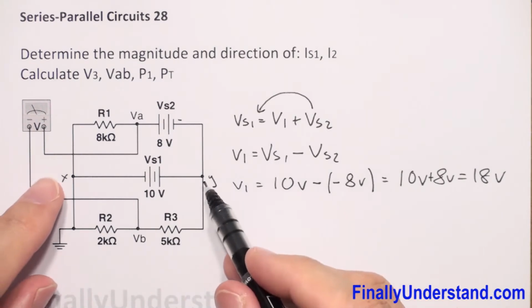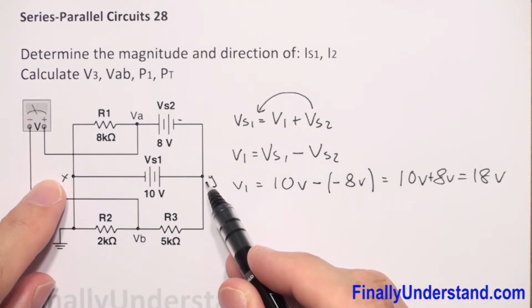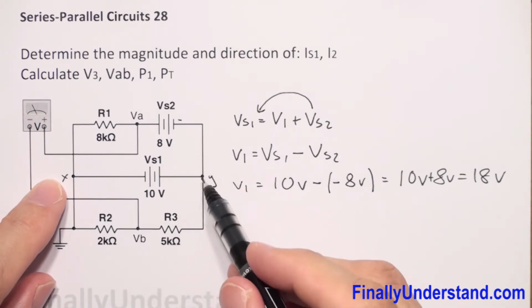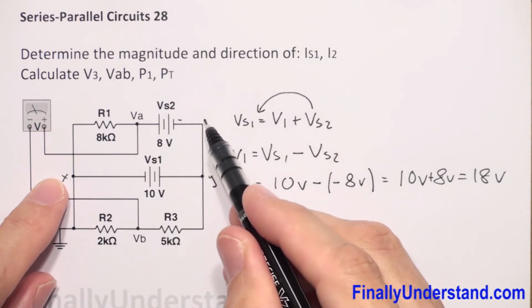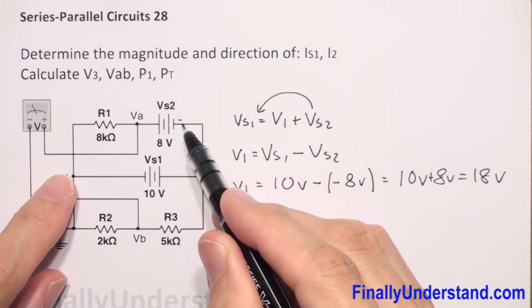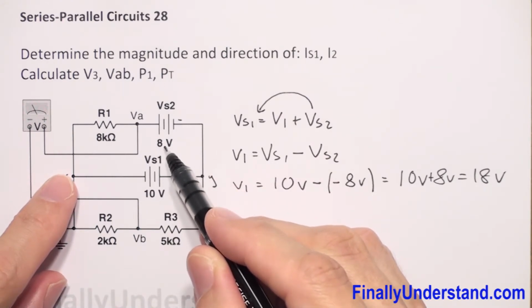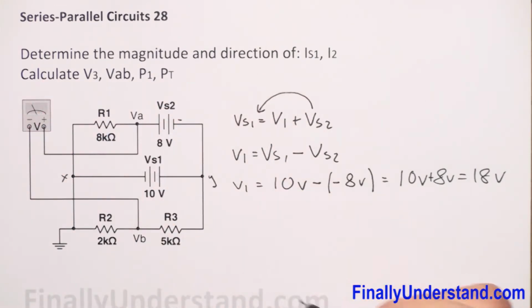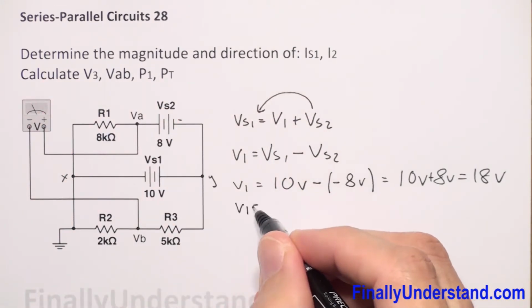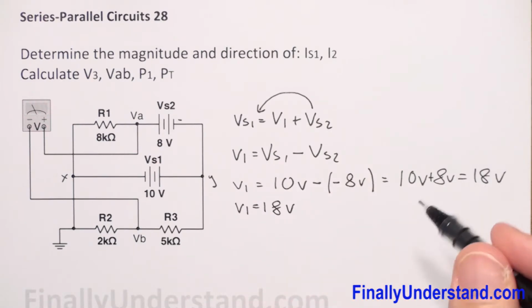One more time, I have voltage source 1 minus this voltage, so what I have over here is positive 10 volts and minus negative 8 volts. This minus this will give me this, so my V1 is equal to 18 volts.